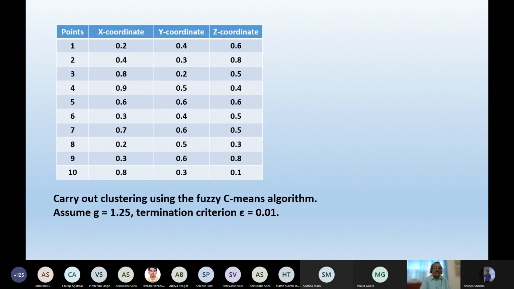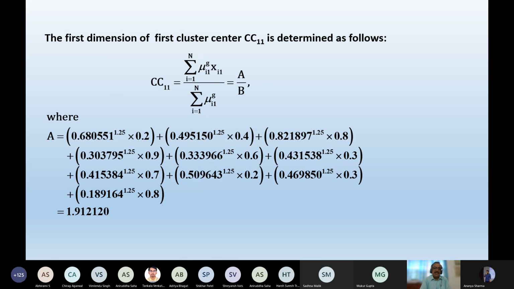So I can utilize this particular information here, xi1, varying I from 1 to 10. Accordingly, you insert the numerical values and the corresponding mu I1, and G equals 1.25.